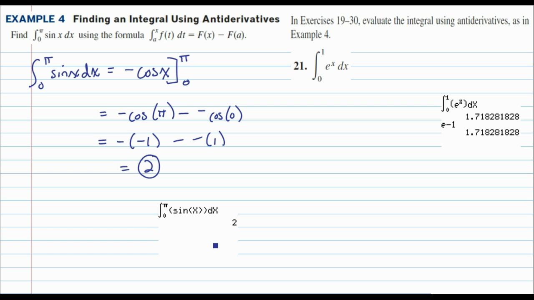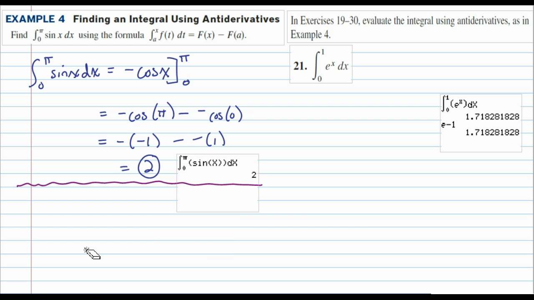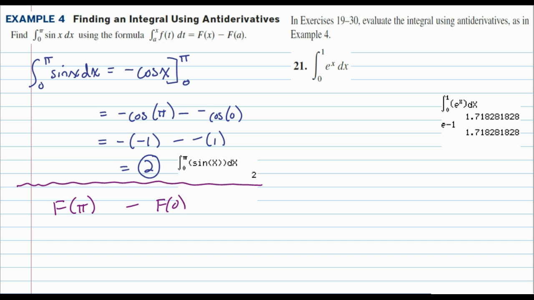And I double checked that in my calculator, of course, and I got the right answer. Now you might be asking yourselves, wait a second, where does the constant go? I thought there was a constant. Okay, yeah, kinda. Looking at this step up here, we really have F of pi minus F of 0. So let's throw constants in there. What if it's F of pi plus a constant minus F of 0 plus a constant?